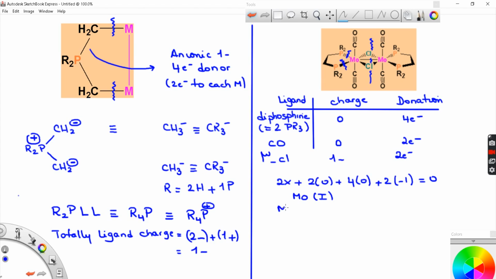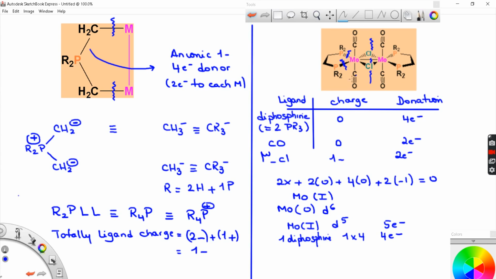Mo0 is D6. So Mo1, D5, 5 electrons. We have 1 diphosphine, so we have 1 times 4, 4 electrons.